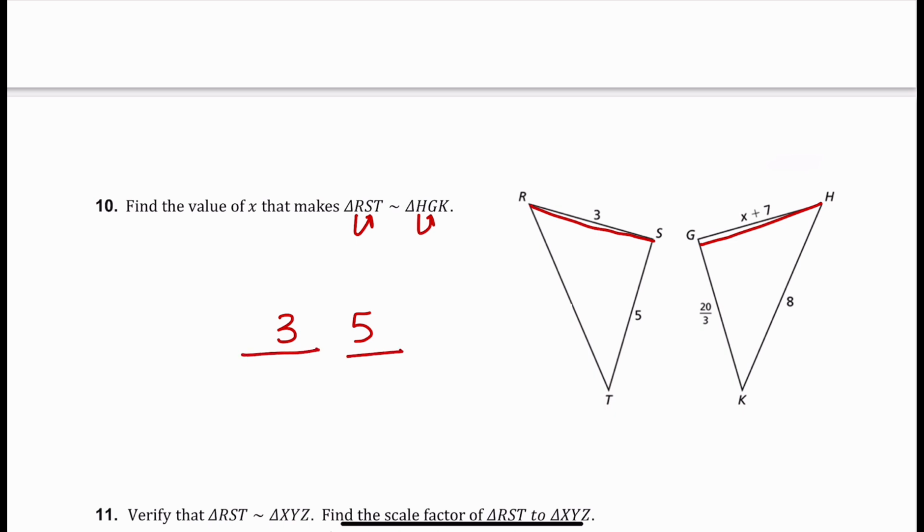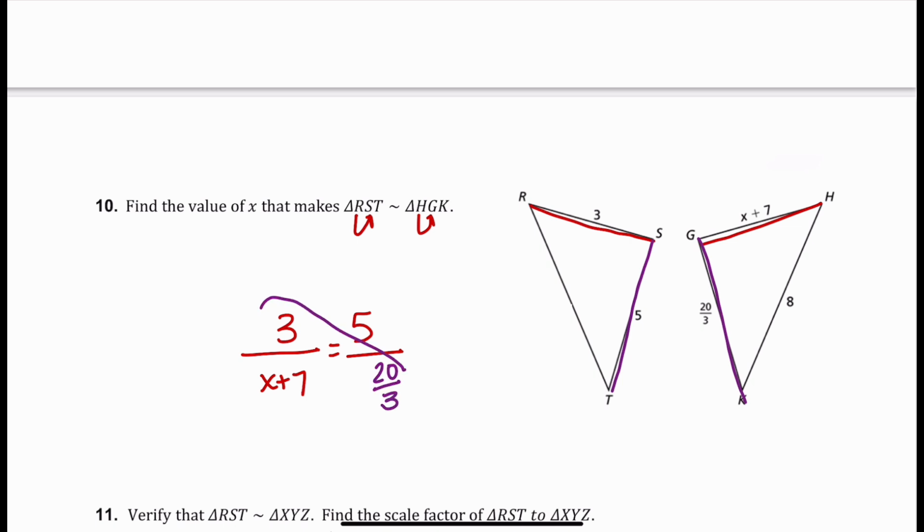And on the other triangle, we have RS goes with GH. So under the 3, we're going to put an x plus 7. We want to put this corresponding side. So ST has to go with GK. So under 5, we're going to put 20 over 3.